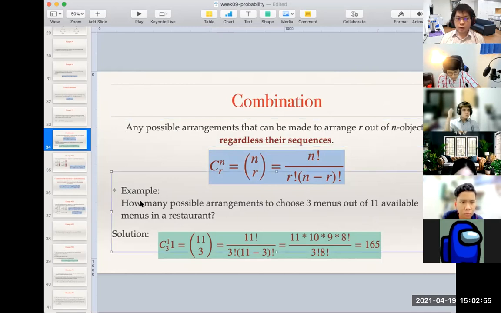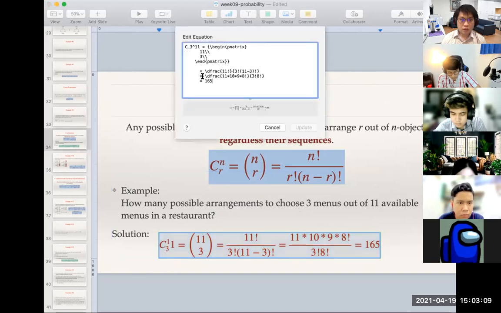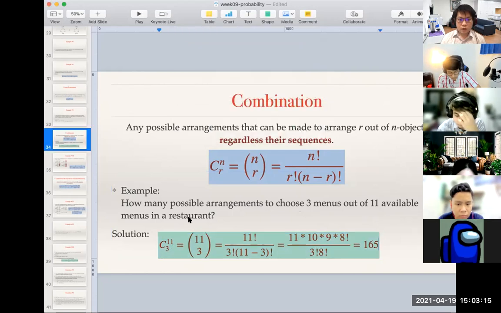So for example here, how many possible arrangements are there to choose 3 menus out of 11 available menus in a restaurant. For these questions, you already know from the answers that I provide here that it should be solved using combination.